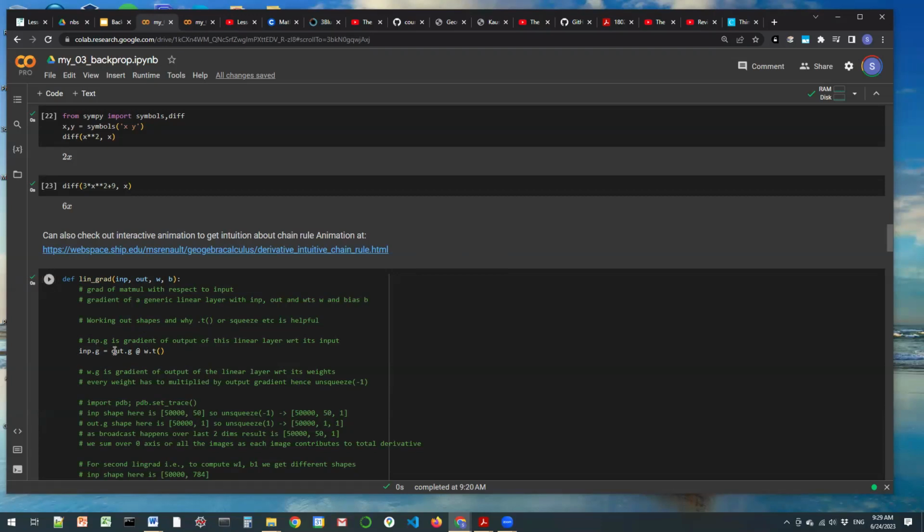And this is where, to understand why he has written it as a matrix multiplication of output.g, and why he is transposing the weights, w.t, you'll need to understand how derivatives of scalars with respect to vectors and derivatives of vectors with respect to vectors show up, or what shapes they have.